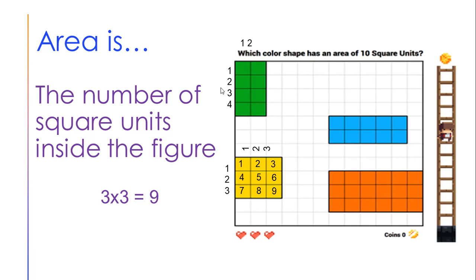So all you need to do is multiply 2 times 4, or 4 times 2. Remember that the order of the factors does not change the product, and that is one of the properties of multiplication that you learned in class. So 4 times 2 equals 8, which would be the same as if you were counting square units inside. As you can see, there's 8 also.